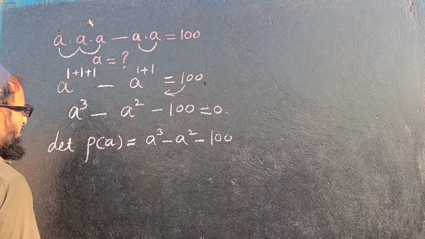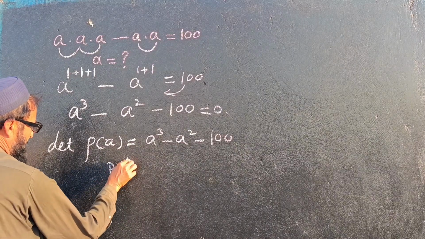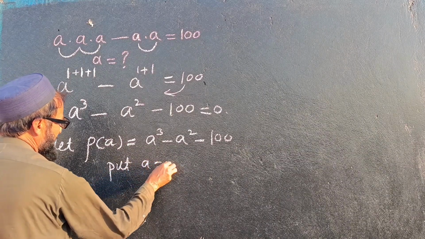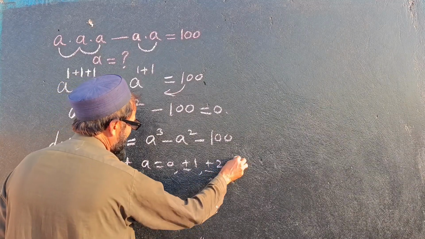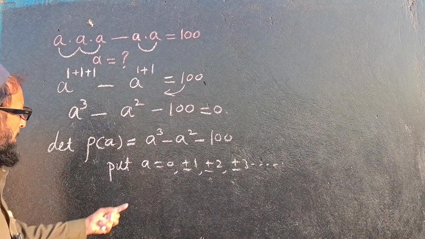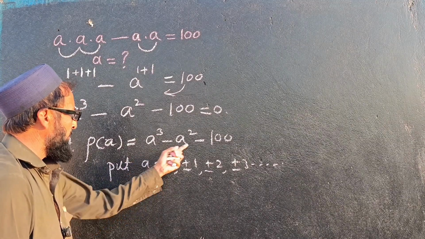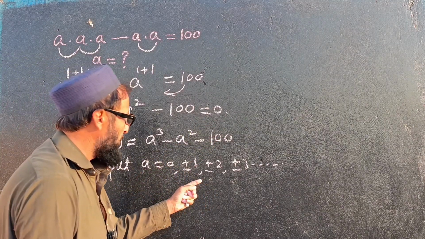We want to check by substituting the values a equal to 0, plus or minus 1, plus or minus 2, plus or minus 3, and so on. By the inspection method, if we put 0, the result is not equal to 0, but we require 0 here.